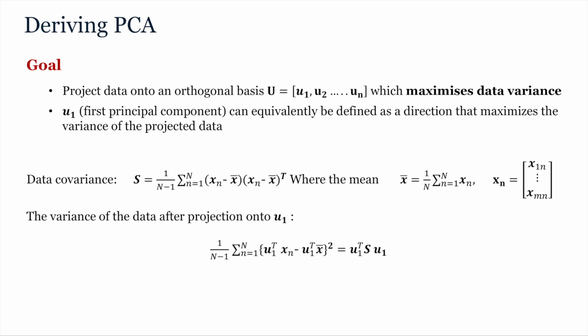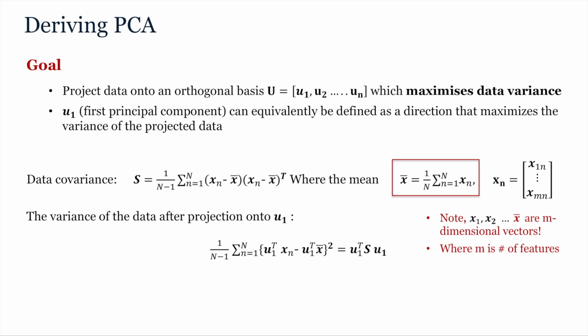Thus, if S here is our full m by m covariance matrix, where importantly xn is a vector of values for all features for each sample n, and therefore x bar is also a vector of length m, where m is the number of features, then we're able to estimate the variance following projection onto U1 using the dot product projection as shown on the previous slide. This is applied to the vector itself and to the sample mean.